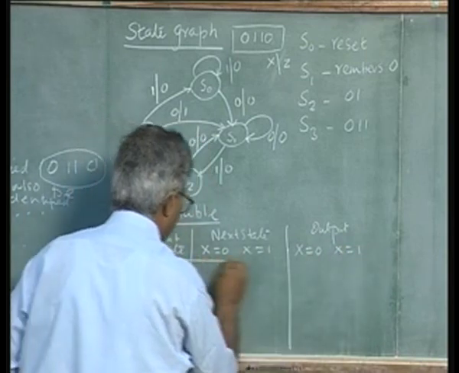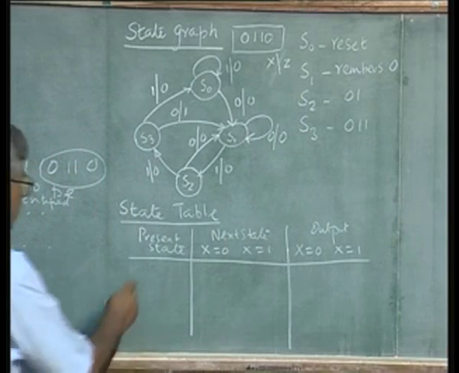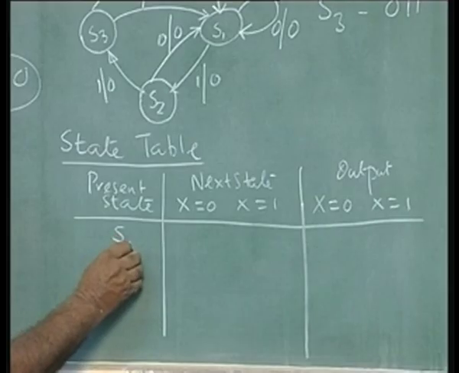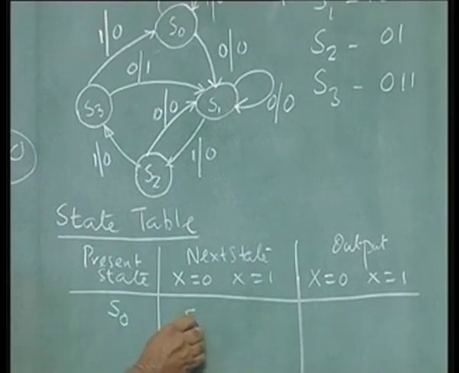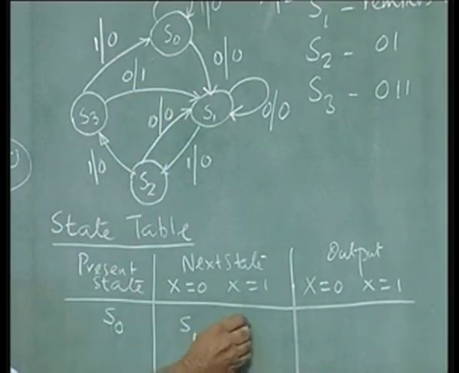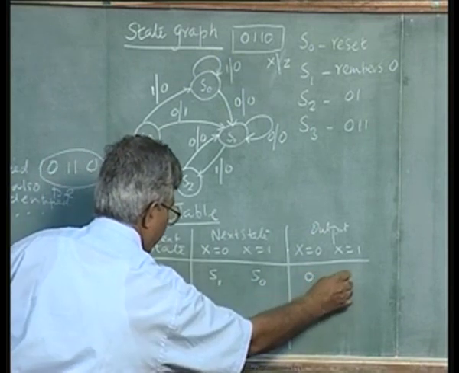That can be written now from this state graph. If the present state is S0, when 0 occurs, we go to S1. If 1 occurs, we remain in S0. In either case the output is 0.